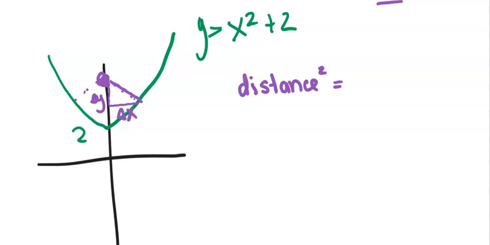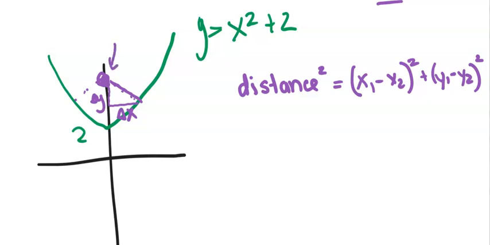So we're using this formula, if you remember from grade 10: x1 minus x2 squared plus y1 minus y2 squared.